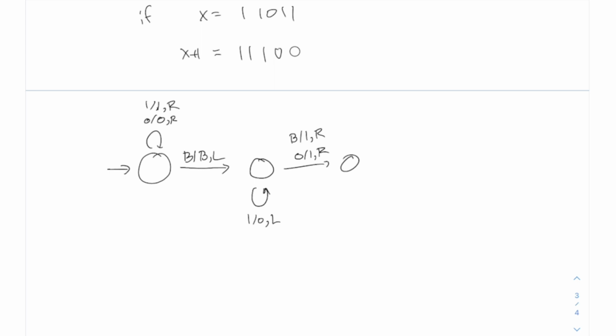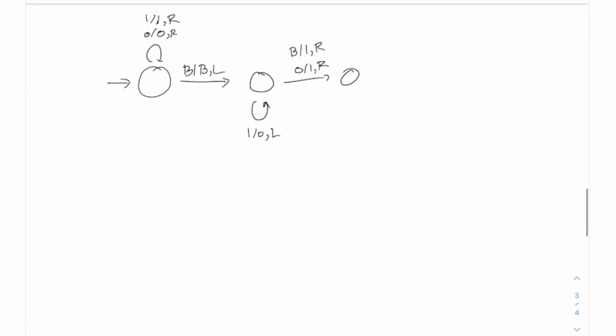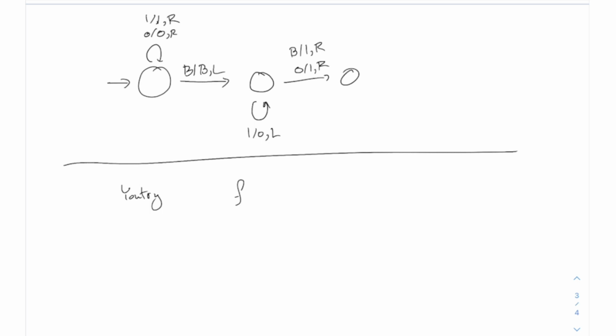How about, can you guys try a Turing machine which subtracts 1? So you try f of x equals x minus 1. And I'm just going to say you can assume that x is actually greater than 0. Of course, if x is 0, then it's not clear what that even means, but I don't want to think about negatives.